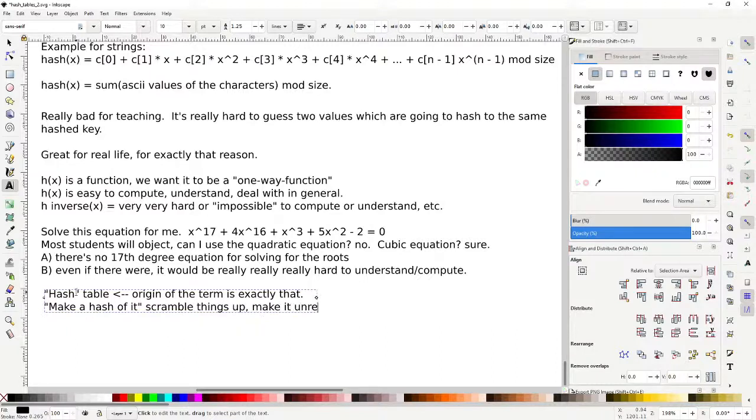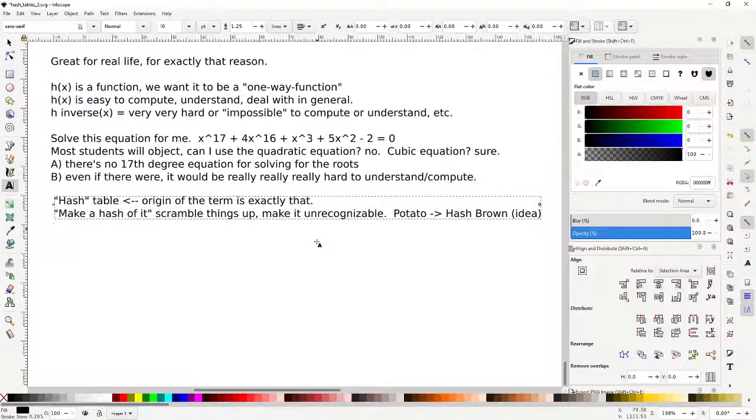Make it unrecognizable. Right? Take a potato and make it into a hash brown. And so that's the idea, right? There's nothing complicated about the word hash. It literally just means, take whatever you're doing and just scramble it up.